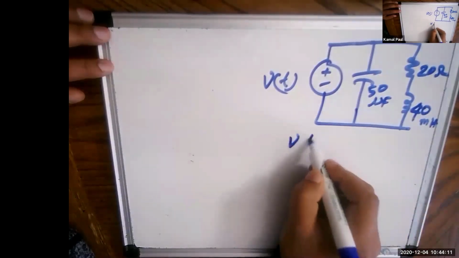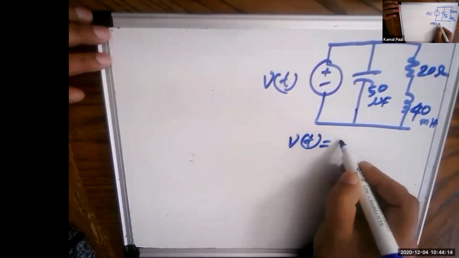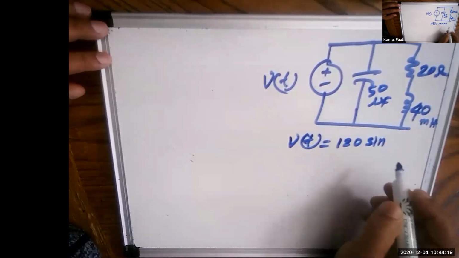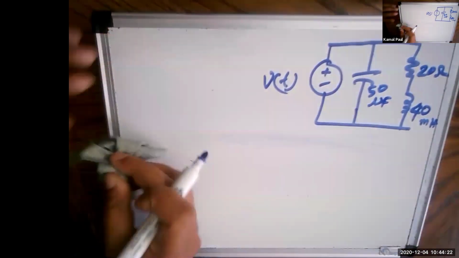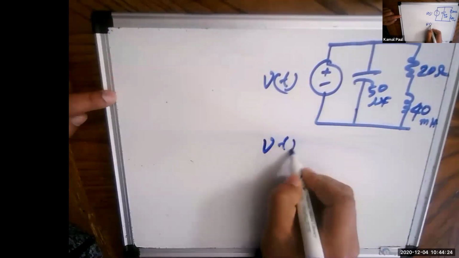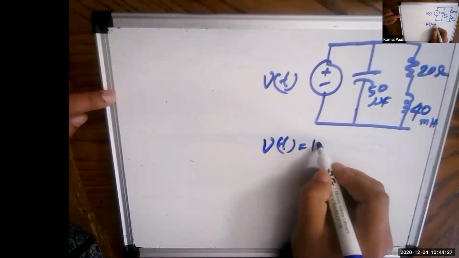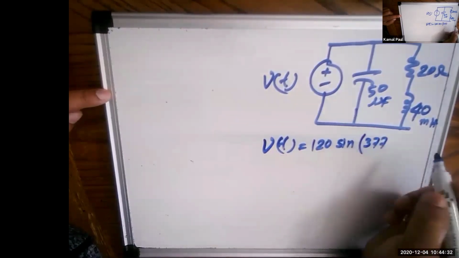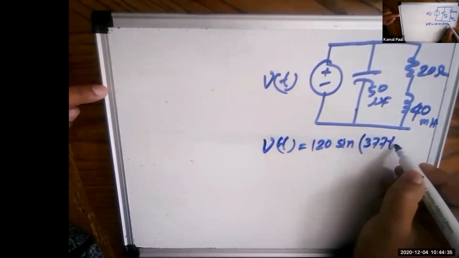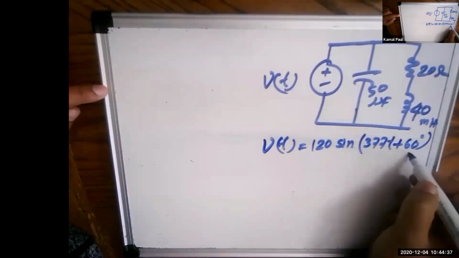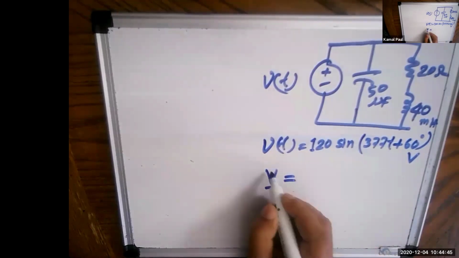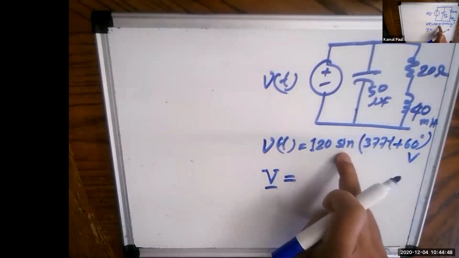Vt is given as 120 sine of 377 t plus 60 degree volt. Now, how will you convert this into your phasor form? This is not cosine anymore.